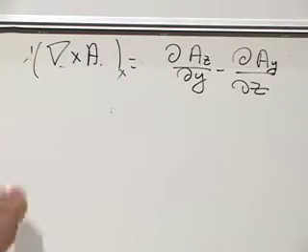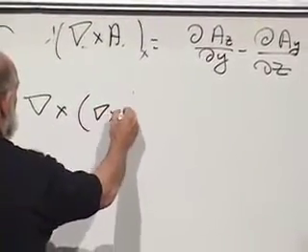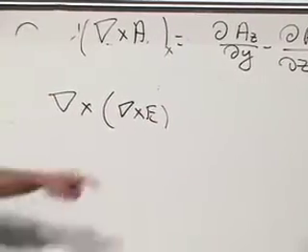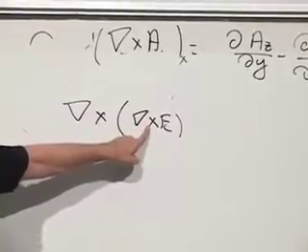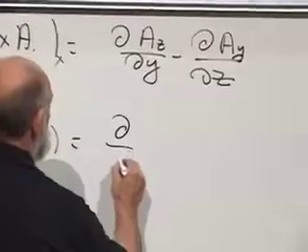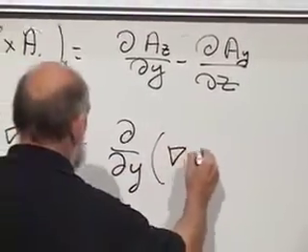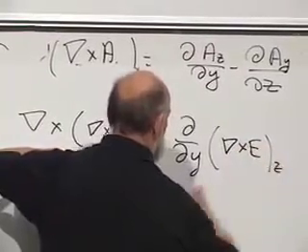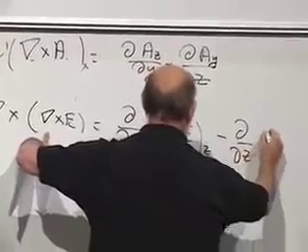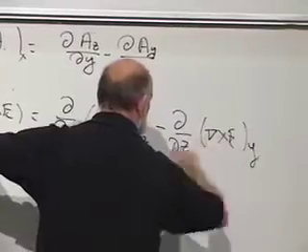Now we want the x component of del cross E, so wherever I see A, I substitute del cross E. That's going to give me d by dy of the z component of del cross E, minus d by dz of the y component of del cross E.